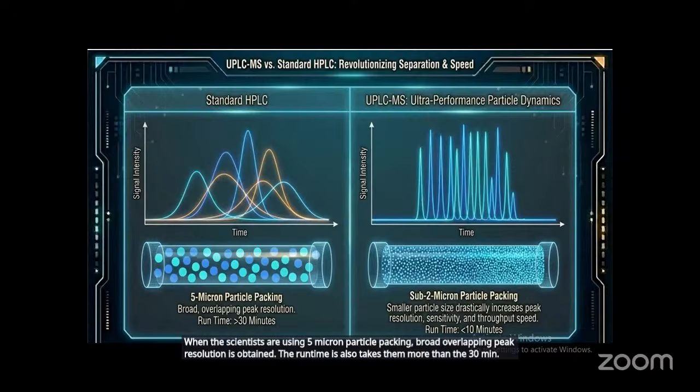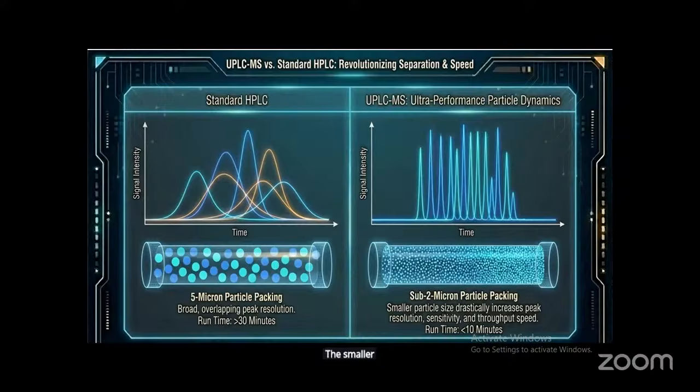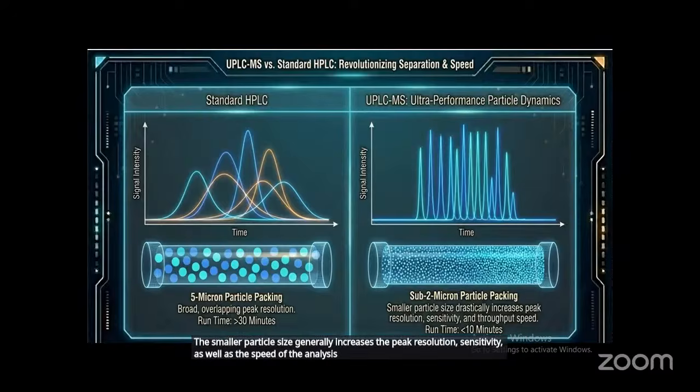Whereas using sub 2 micron particle packing, a smaller particle size generally increases the peak resolution, sensitivity, as well as the speed of the analysis. Thereby the runtime is reduced to less than 10 minutes.